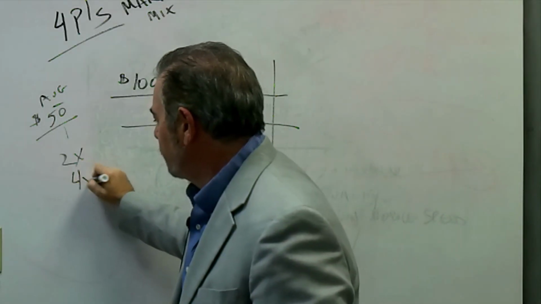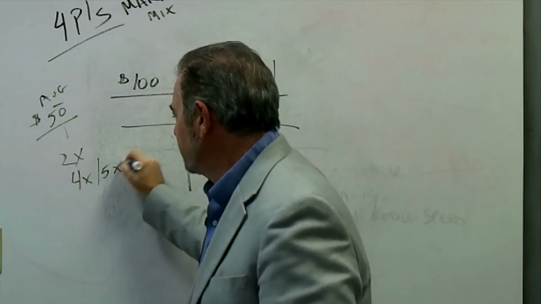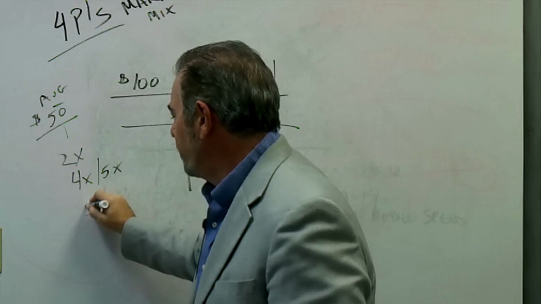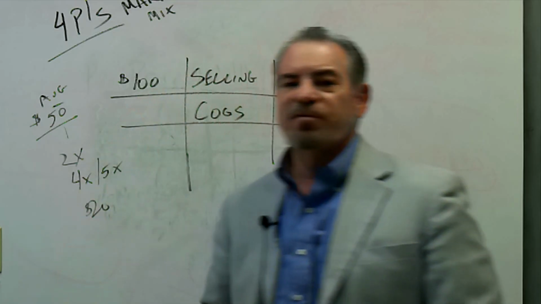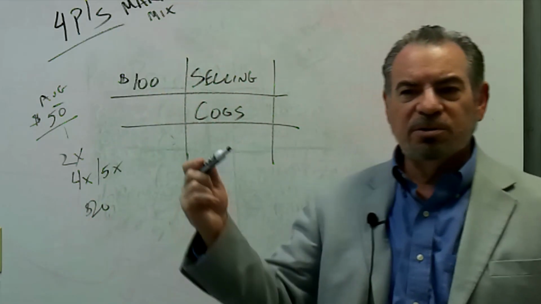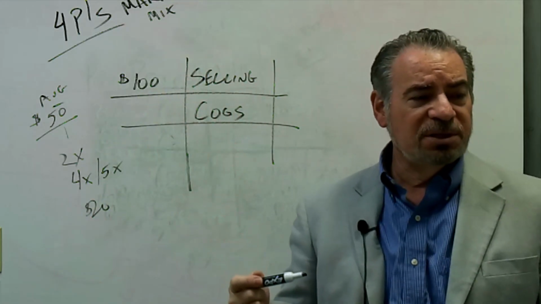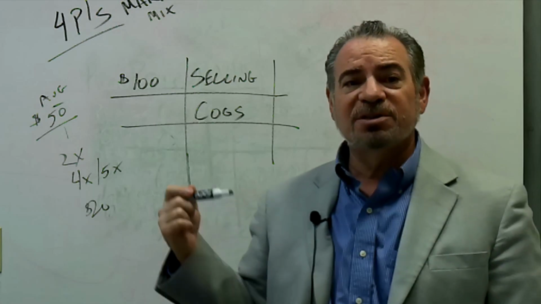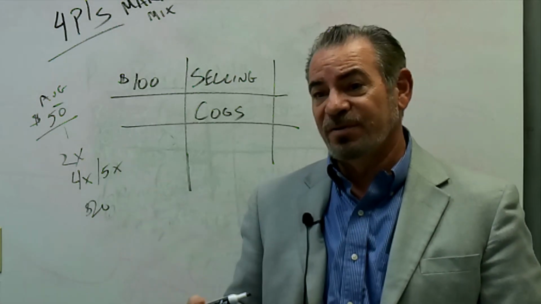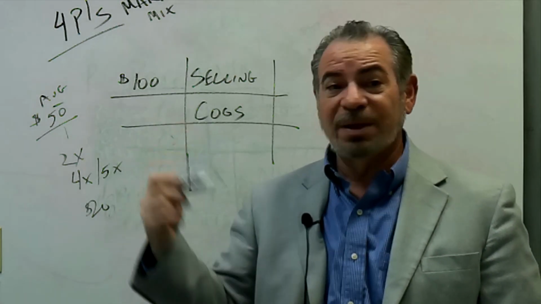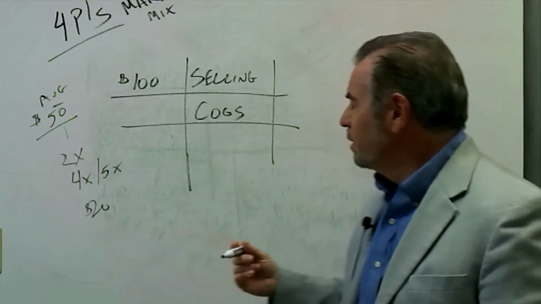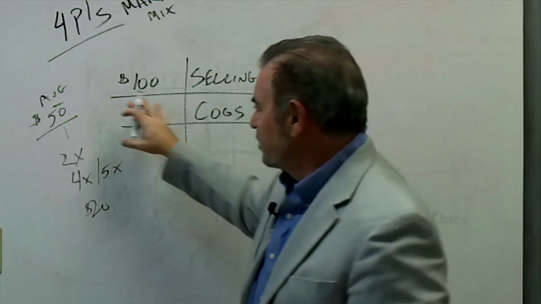Right now, you probably want a 4 to 5x. So you should maybe buy it for $20 if you're selling it for $100. Because all those things we talked about, the cost, the shipping cost, the returns, the marketing, all that stuff has to come out of it. So you have to think about that as you're processing it. So for now, let's just stick with the keystone.